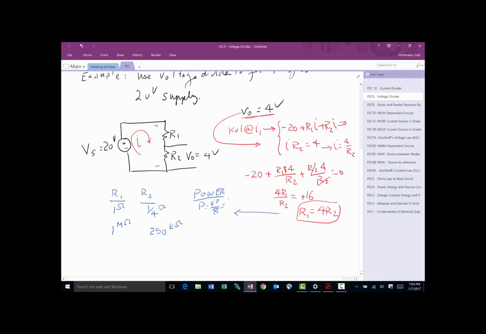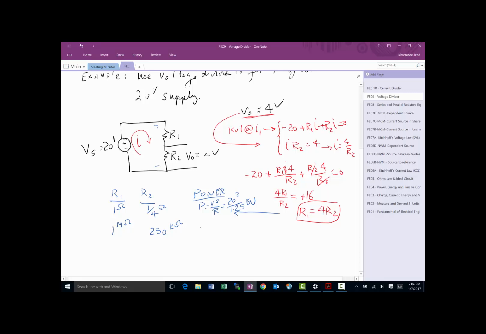So it'll be 20 squared divided by 1.25, which is 1 plus 1/4. As you can see, this is approximately 300 and some watts. This is a very large number. That's enough to heat up a small room.